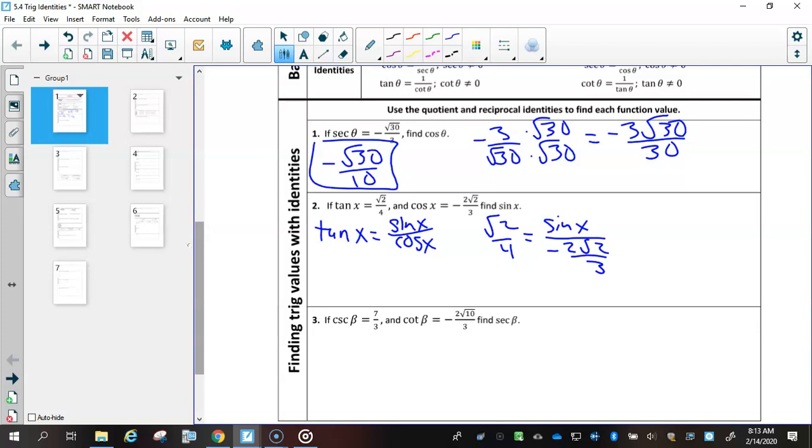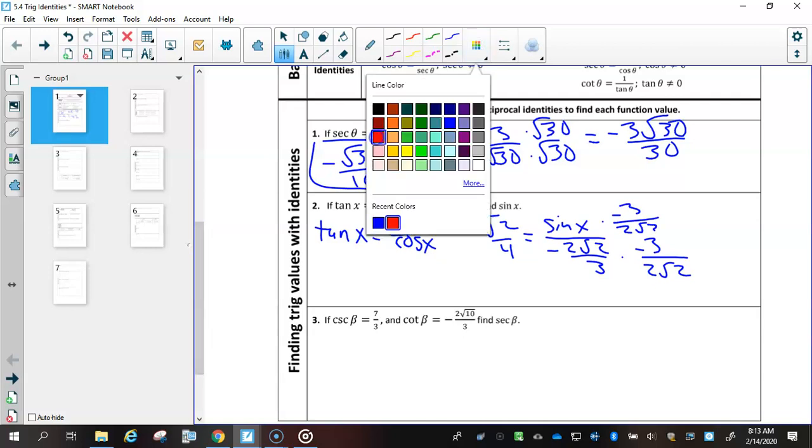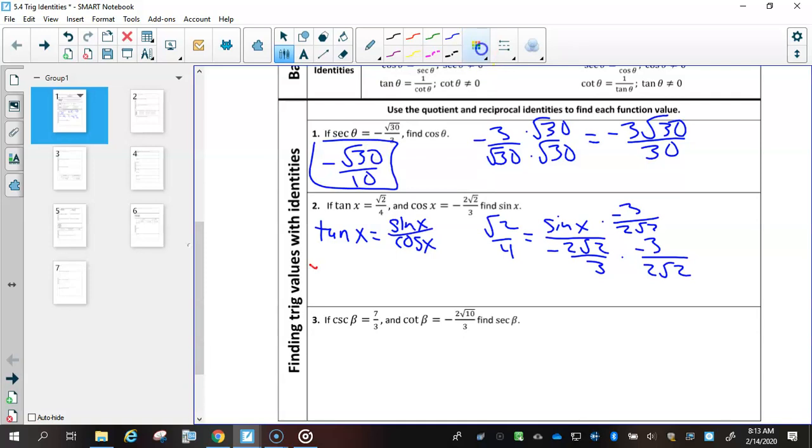Well, we have fractions within fractions, so before we do anything else, let's simplify that by multiplying by its reciprocal, so that my denominator completely goes away. And I'm left with root 2 over 4 equals negative 3 sine x over 2 root 2, sorry.